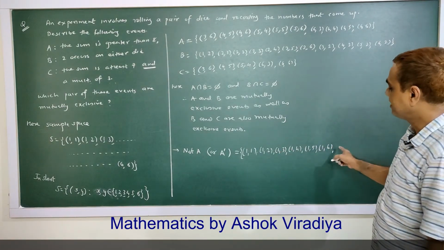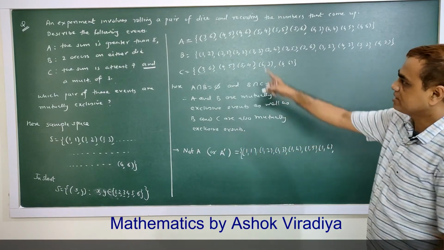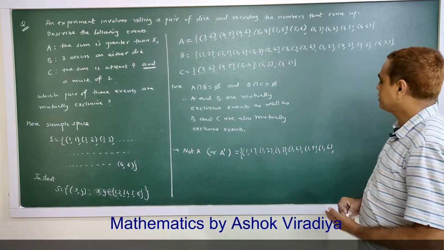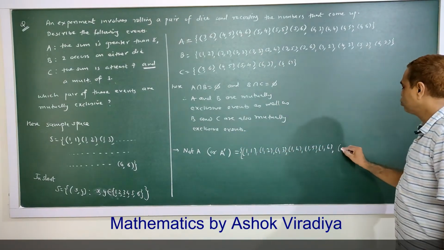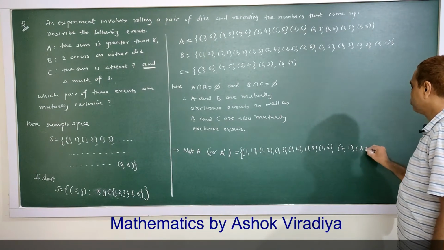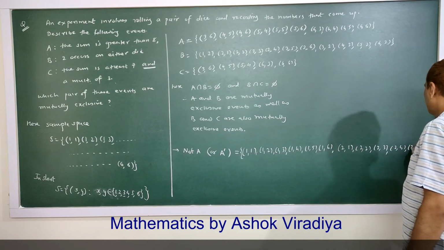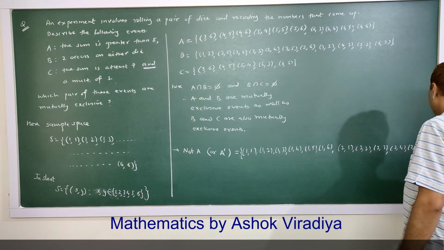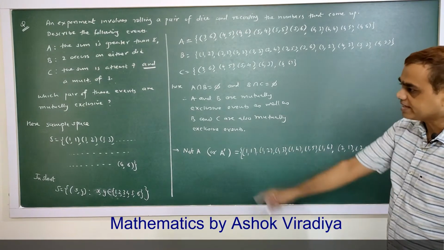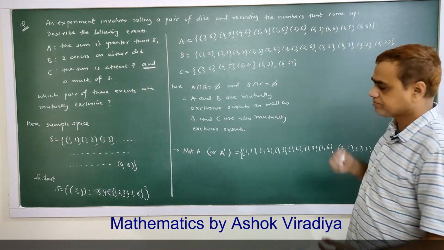This line of 1 is in S but not in A. Now take from the second line 2 1, 2 2, 2 3, 2 4, 2 5, 2 6. These are in S but not in A.